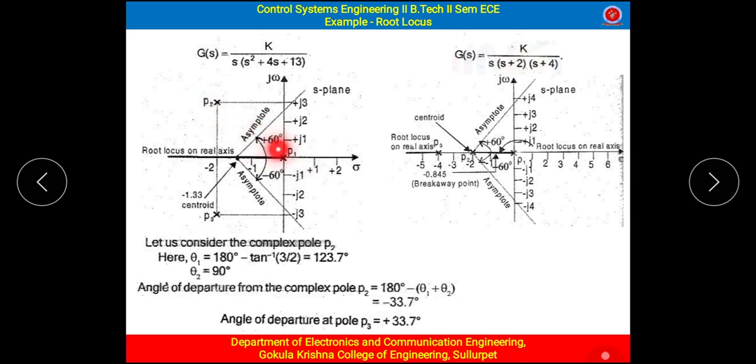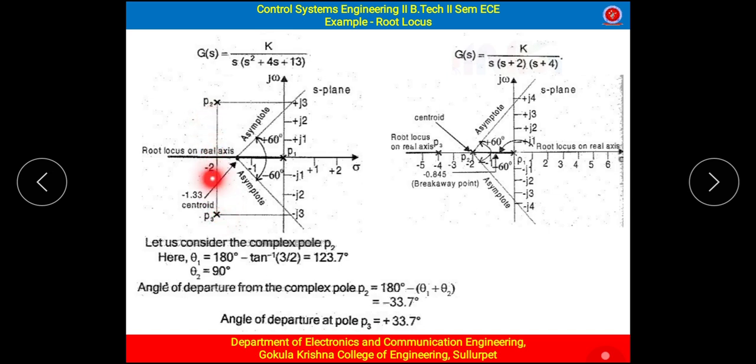From here to here this is 180, and from 180 we have to subtract this particular angle. For that the formula is tan inverse. This length is 3 and this length is 2. So tan inverse 3 by 2, so the value is 123.7. The other pole is this one.